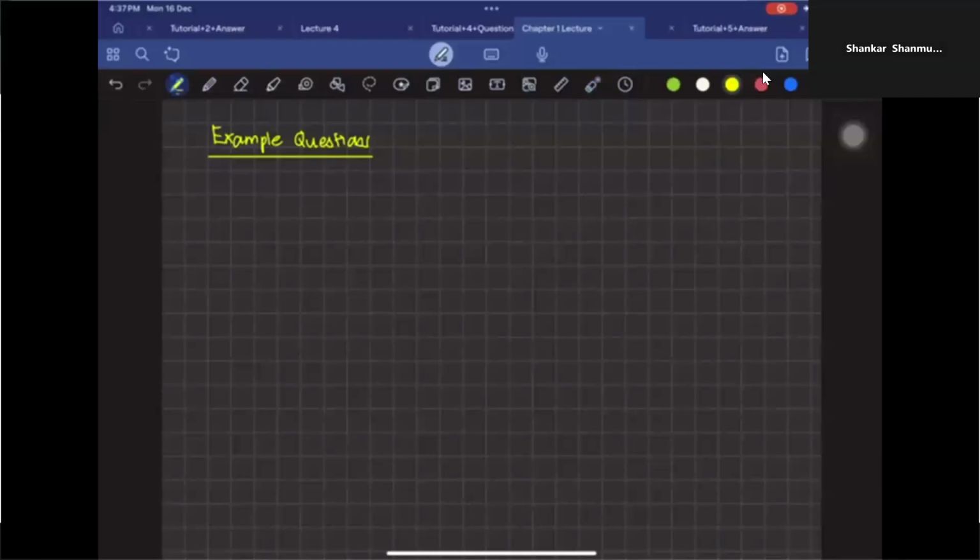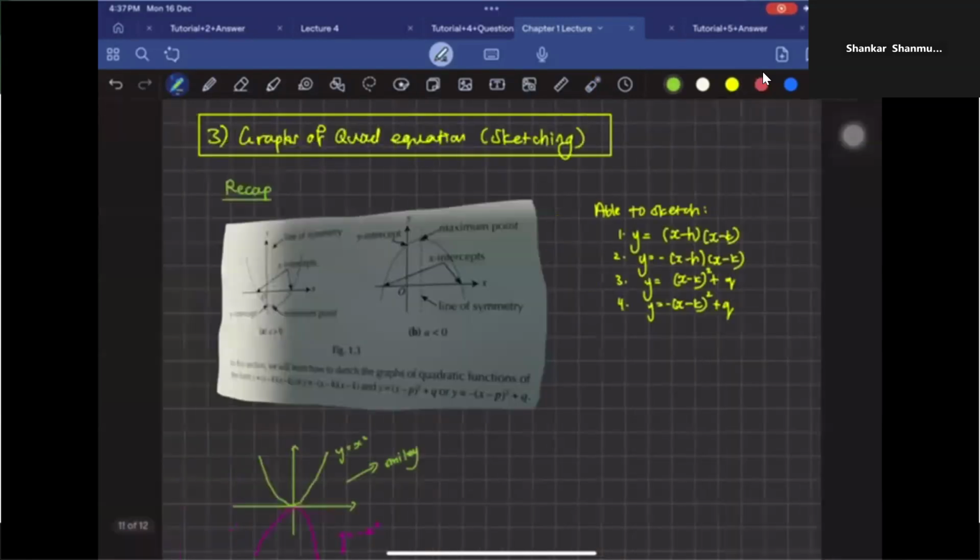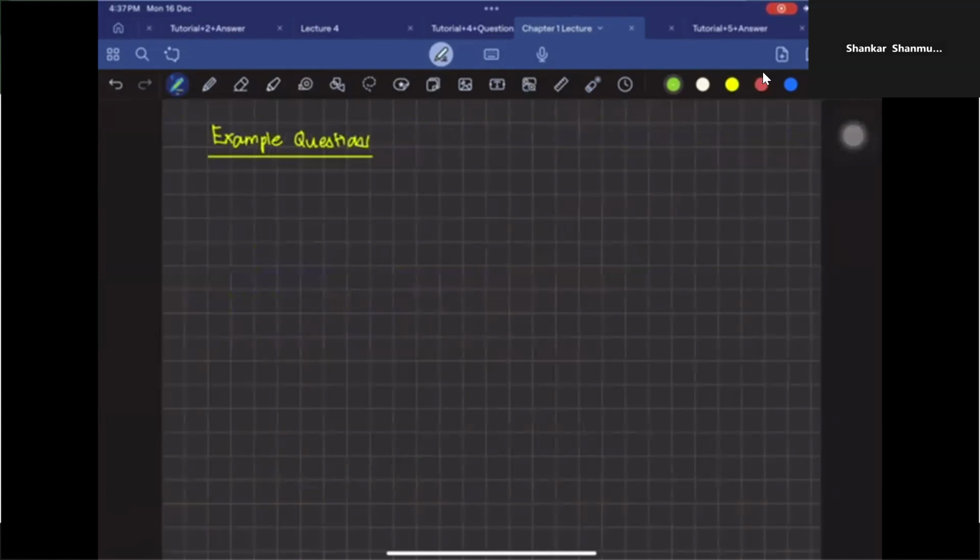Okay, now let's look at the first type of graph, which is y equals (x minus h)(x minus k). Okay, so this is the most simple one. For example, let's say we have this equation y equals (x minus 1)(x minus 5). In this case, your x-intercepts happen when your y equals 0, as covered earlier.